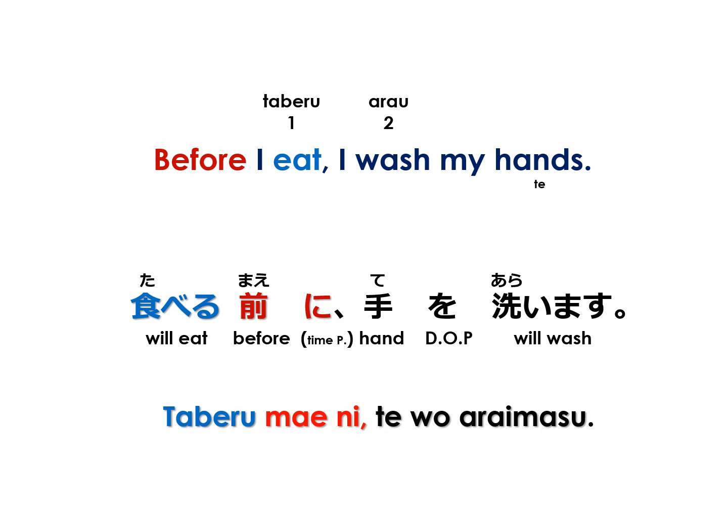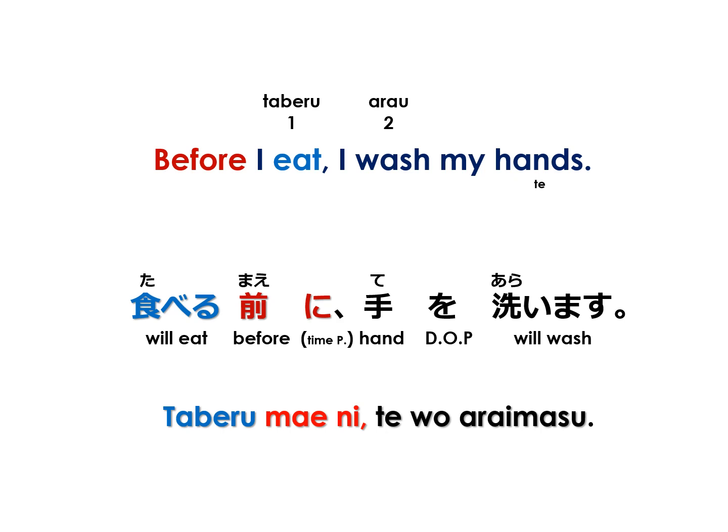Before I eat is the subordinate clause, and I wash my hands is the main clause. To review, a subordinate clause has a subject and verb, but is not a complete sentence because it doesn't convey a complete idea. They usually start off with a conjunction. In our example, the subordinate clause is before I eat, and it starts with a conjunction, before.